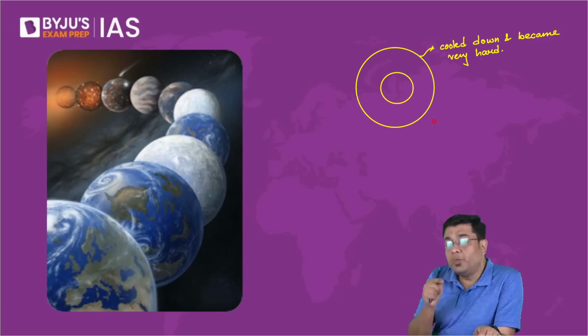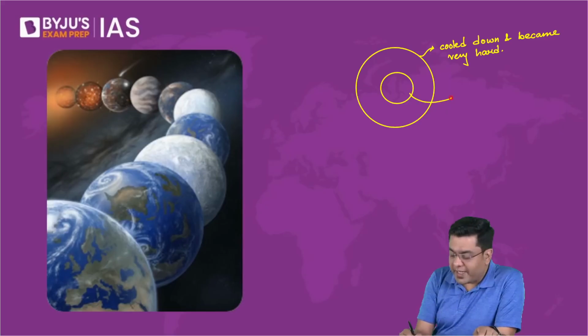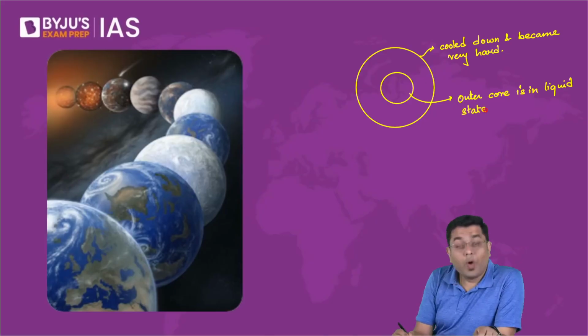This is the reason why the region of the outer core is in liquid state. Why? Because of very high temperature.